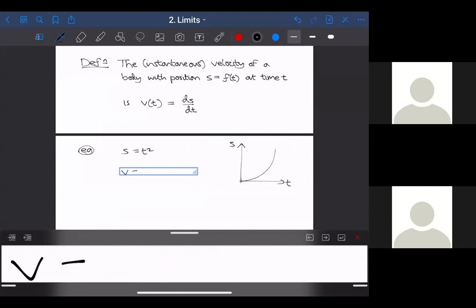The velocity is changing, that's ds by dt, which is 2t. So as you can see from the graph, the velocity is increasing, and it's increasing linearly with time.